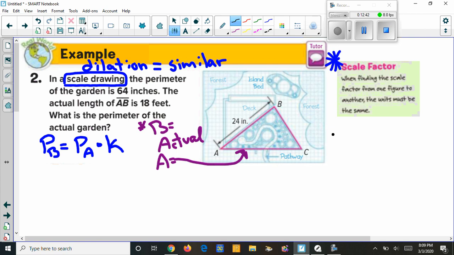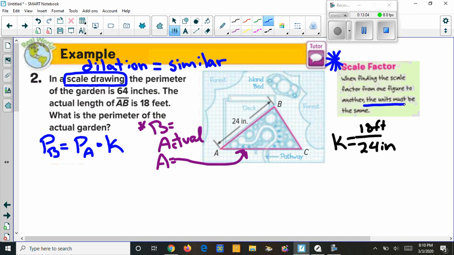Let's find our scale factor. For our scale factor, new over old, or the side length from B to the side length of A, is 18 feet over 24 inches.